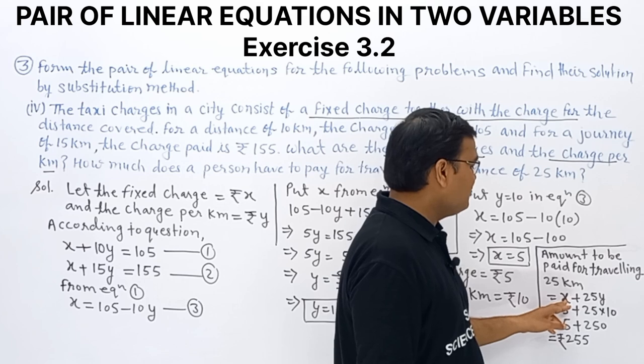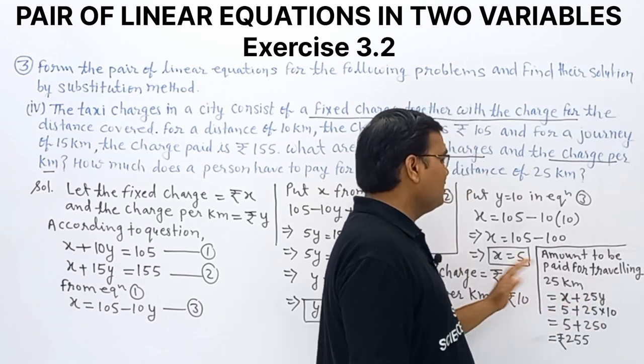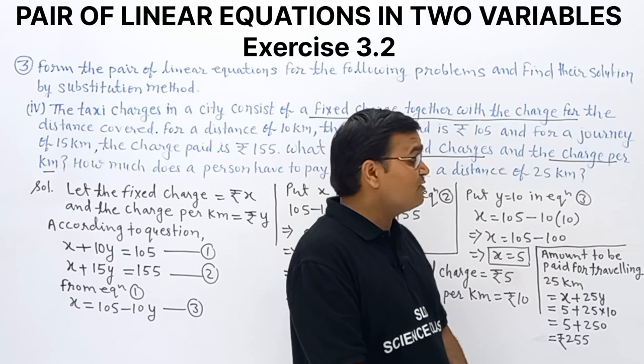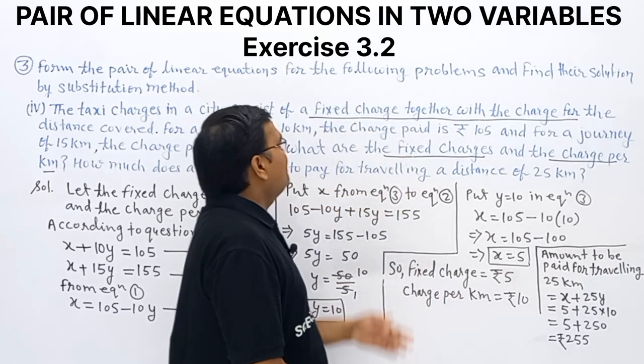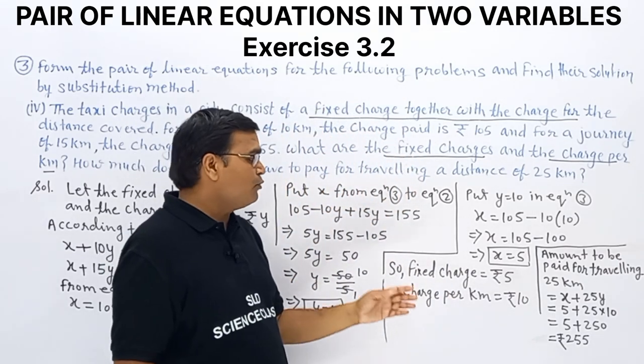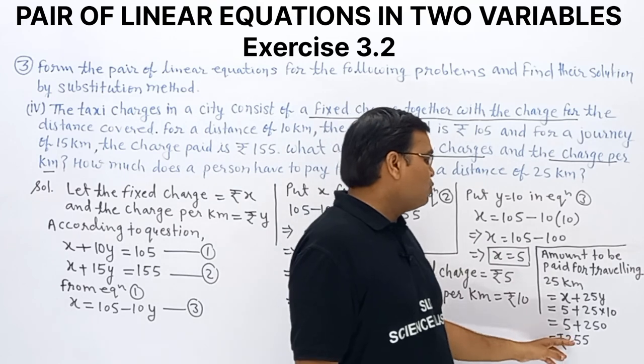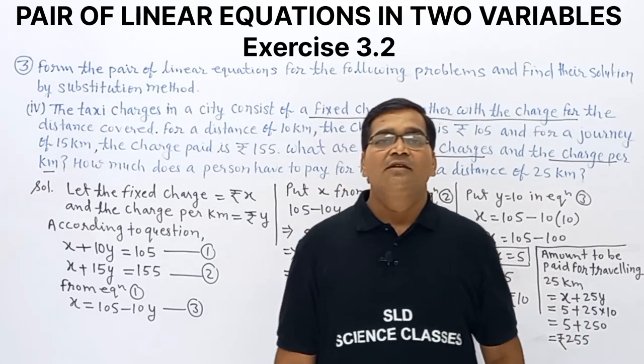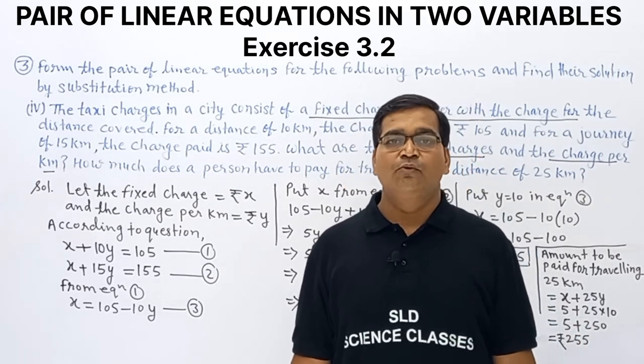Then we put the values of x and y we obtained already and solve. For 25 kilometers, as per this rule, we have to pay rupees 255. I hope you understand this question. That's all about this question. Thank you so much.